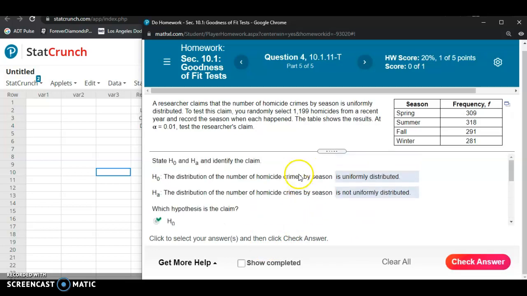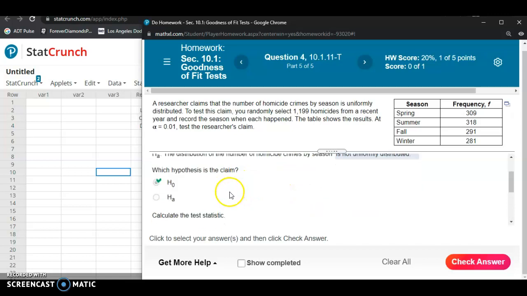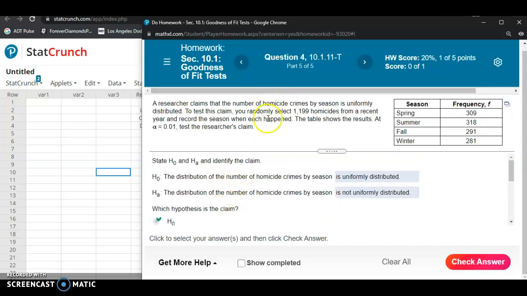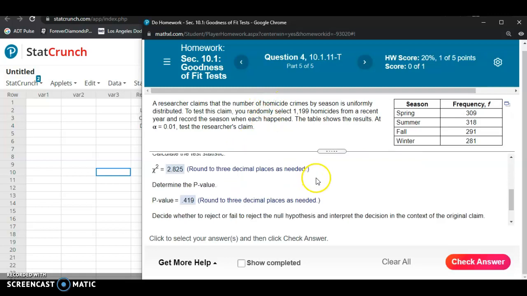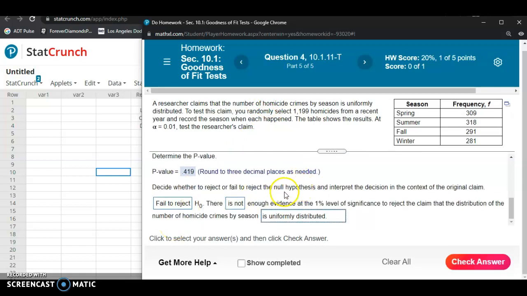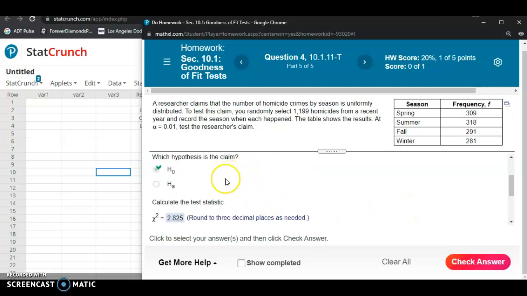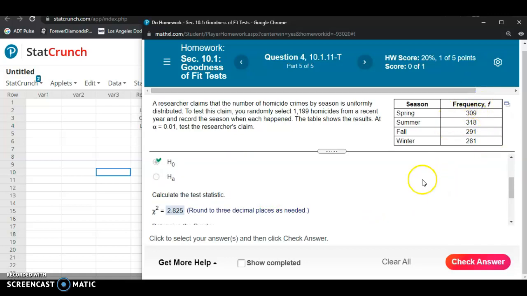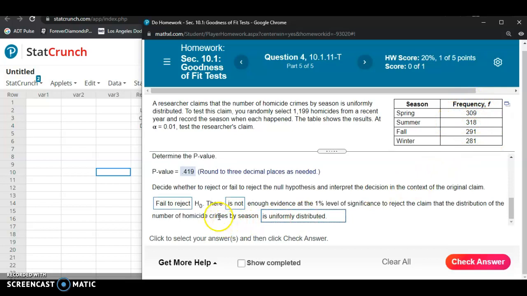Because the claim of the problem is represented by the null hypothesis, and we failed to reject the null hypothesis, that means there's not enough evidence to reject the claim, the claim being that the number of homicide crimes per season is uniform. So the wording is: there is not enough evidence at the 1% level of significance to reject the claim that the distribution of the number of homicide crimes per season is uniformly distributed.